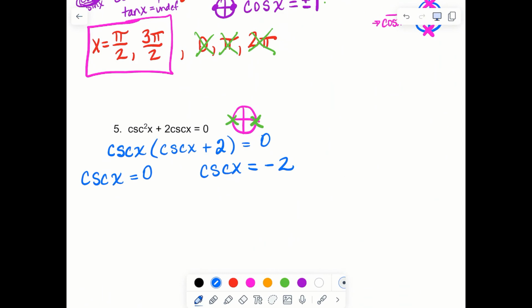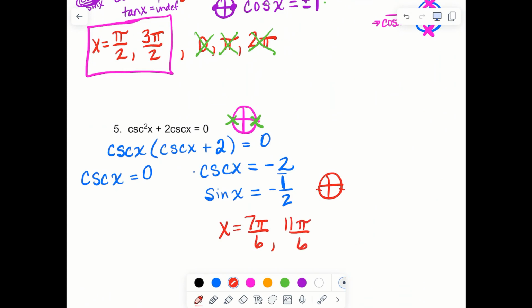I'm going to start with this one. If the cosecant of an angle is -2, then the sine of the angle is going to be -1/2. So that is going to give me answers here and here. So I get 7 pi over 6 and 11 pi over 6.